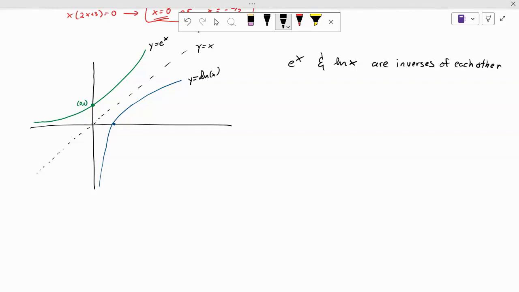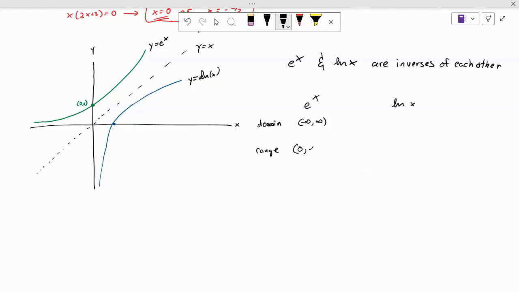Okay, and so next, we can maybe discuss the observation that a student made. Namely, that if you have an exponential and you look at the domain and the range, and compare that with the domain and range of the log, well, the domain of e to the x is all real numbers.